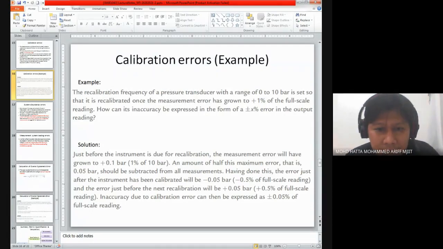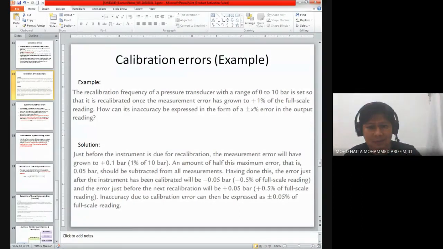Having done this, the error just after the instrument has been calibrated will be negative 0.05 bar or negative 0.5% of full scale reading, and the error just before the next recalibration will be plus 0.05 bar or plus 0.5% of full scale reading. So in other words, to answer this question, the inaccuracy due to calibration error can be expressed as plus minus 0.5% of full scale reading.